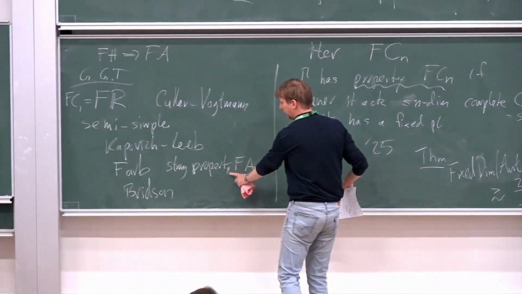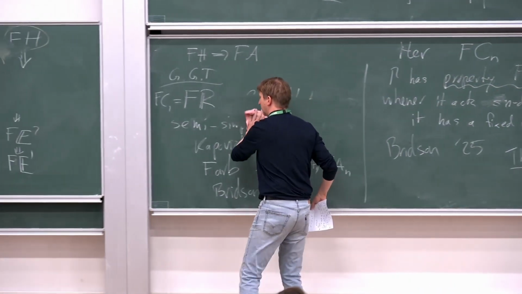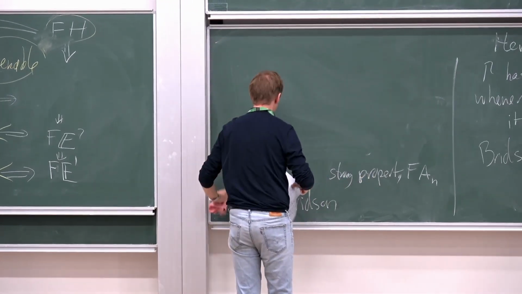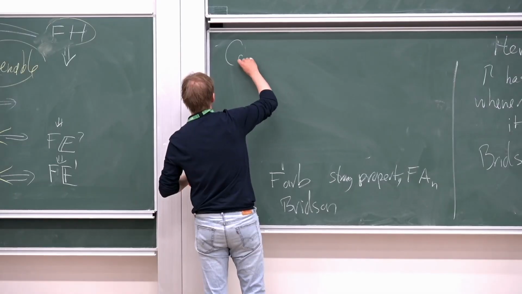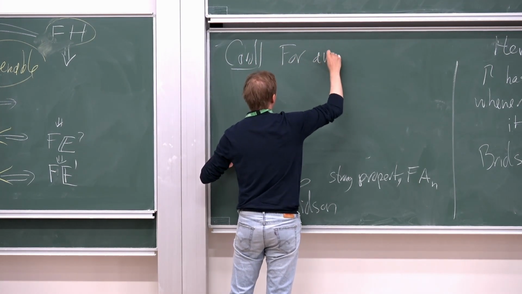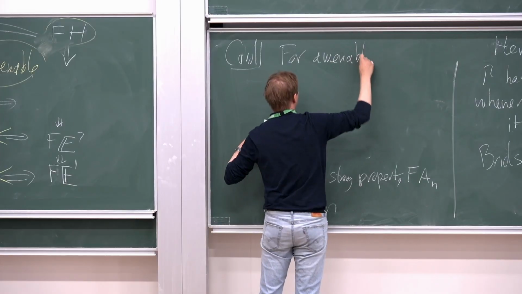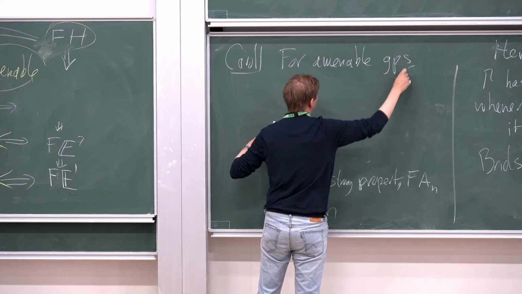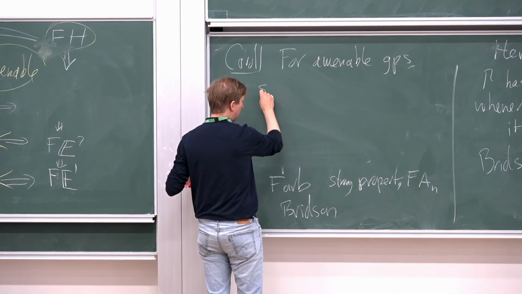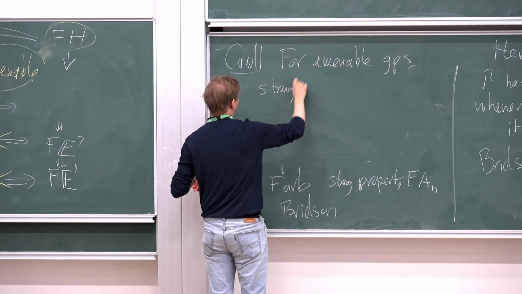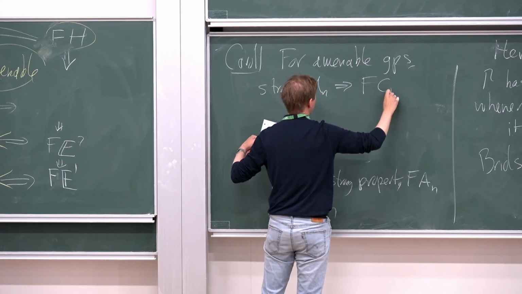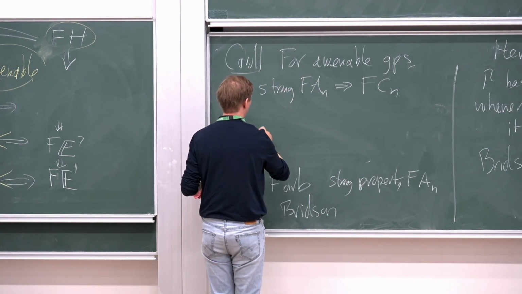So relating to this property, we can say that in the case of amenable groups, it doesn't matter if you allow parabolics, because then strong FAN would imply FCN, the stronger property.